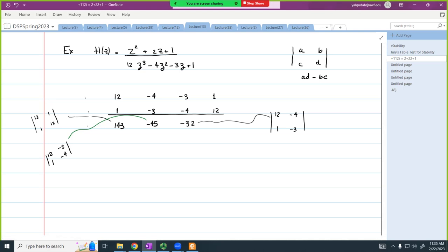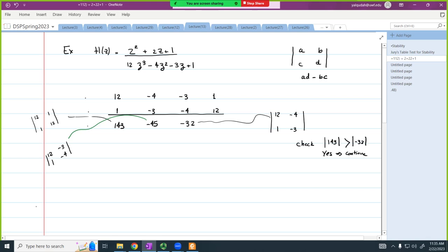We check to make sure it's Schur. Is the absolute value of 143 greater than the absolute value of 32? Yes, so therefore we continue.